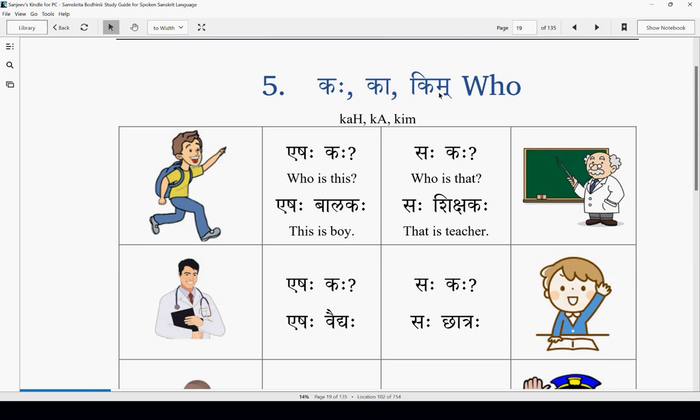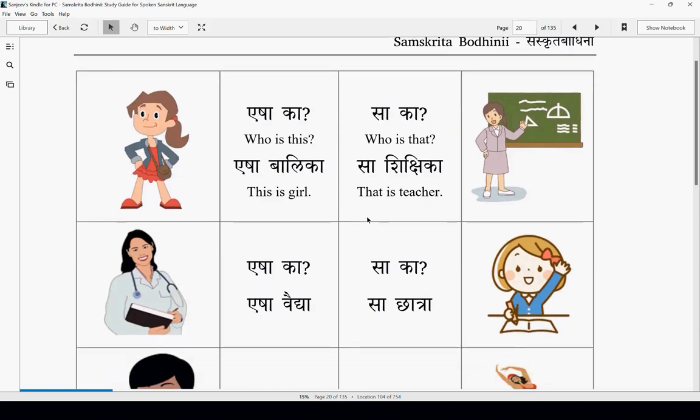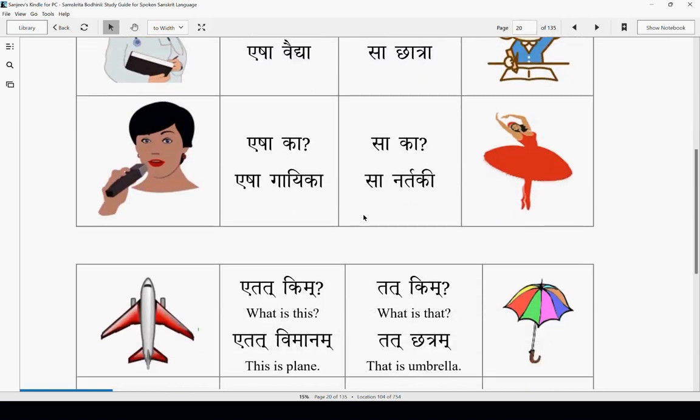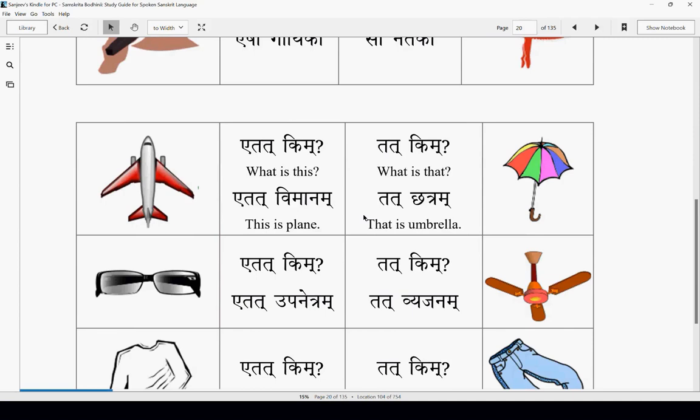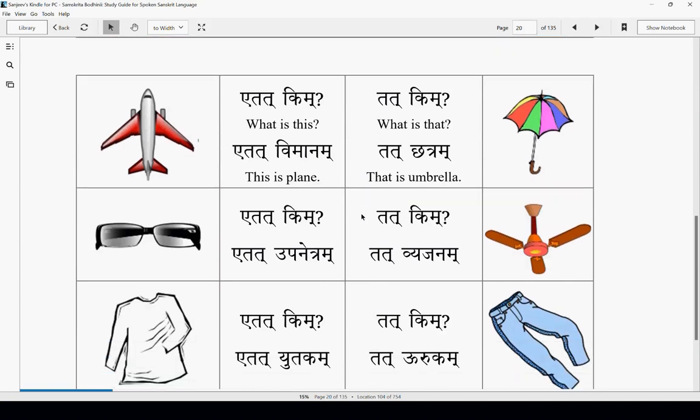Any question here? Because kaha, ka, kim, we saw that it is pullinga, strilinga, napunsakalingam. If it is pullinga, use kaha; if it is strilinga, ka, and esha. And napunsakalingam examples are also shown here: etat kim, tat kim.